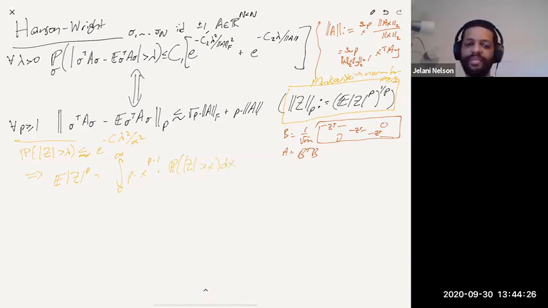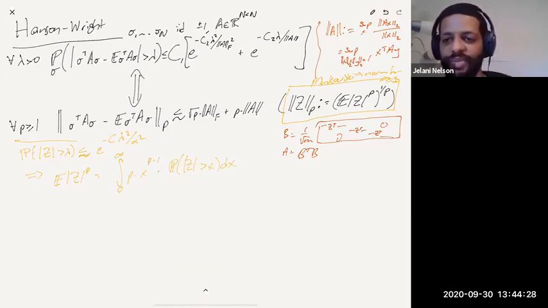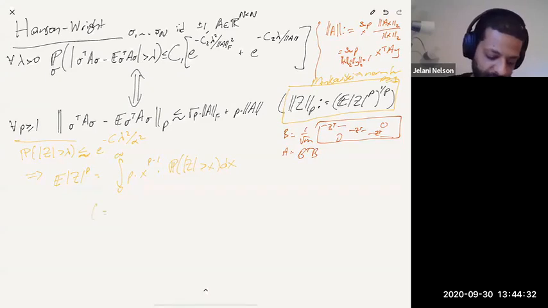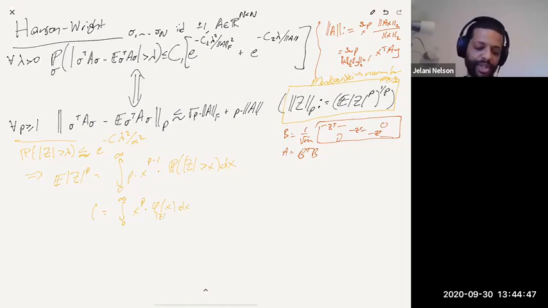This is the pth moment. If you haven't seen this, it follows from integration by parts. The normal way you define the pth moment is the integral of x to the p times the PDF of x dx. This PDF is the PDF of the absolute value of z. But you can show via integration by parts that the two integrals are actually equal.